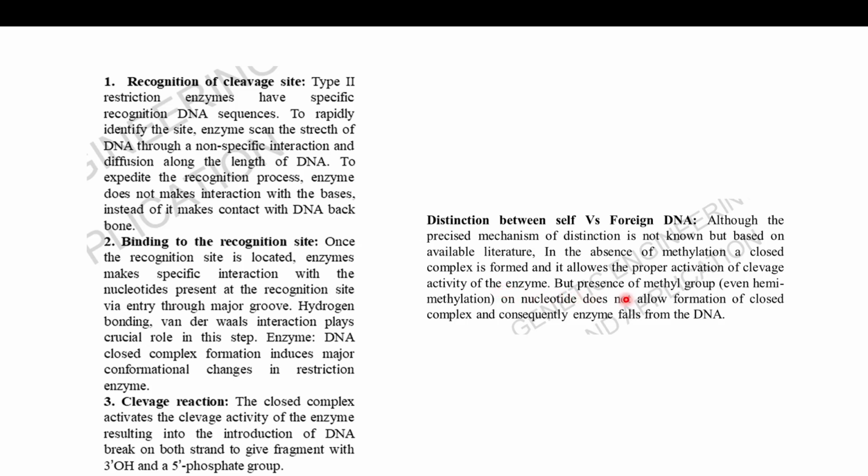But when a methyl group is present, either it's hemimethylated, meaning methyl groups are present on nucleotides on only one strand, or the nucleotides on both complementary strands are methylated, so it's completely methylated, the presence of these methyl groups hinders the formation of the closed complex of the restriction modification system. It cannot form that closed complex, and so the enzyme eventually falls off the DNA, so it cannot act and show its cleavage activity.